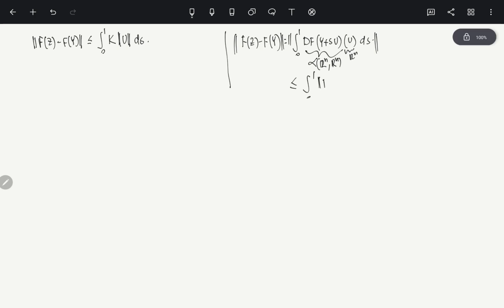So this is the norm of dF at y plus su, times the norm of u, where this norm is the Rn to Rn operator norm and this is the Rn norm, right, ds. Now this is always dominated by k, this we saw, okay? So that is what we are going to use here, clear? And you remember how we are getting this, we already talked about it in week 1, so if you do not remember, please go through that.